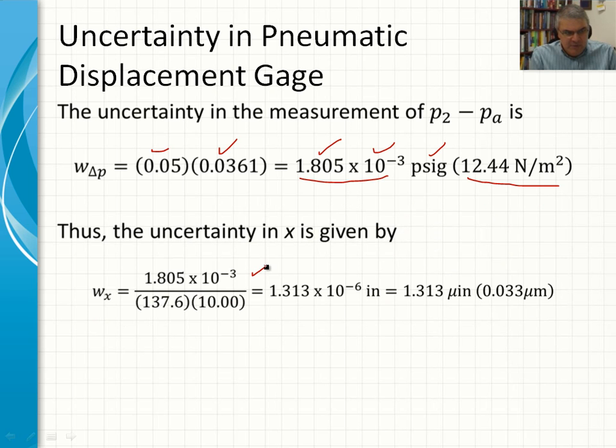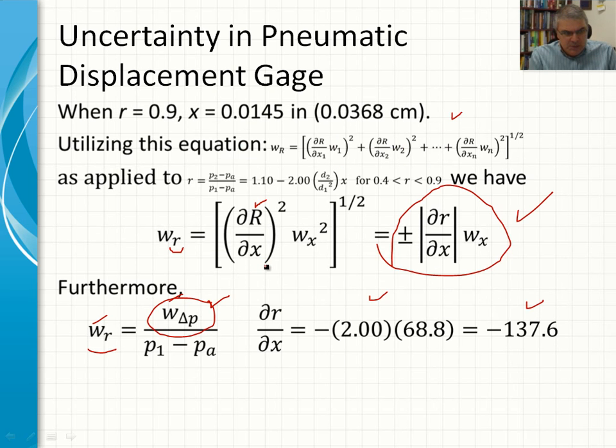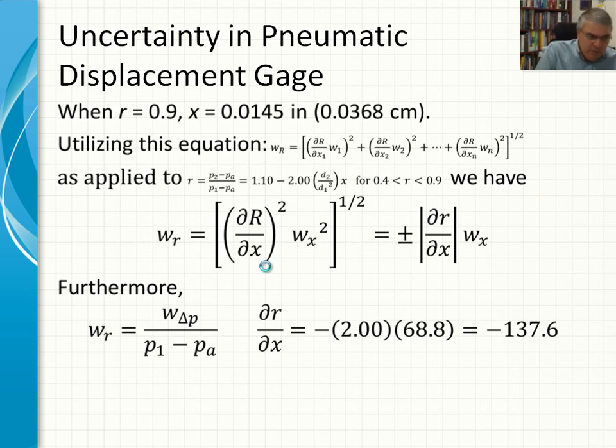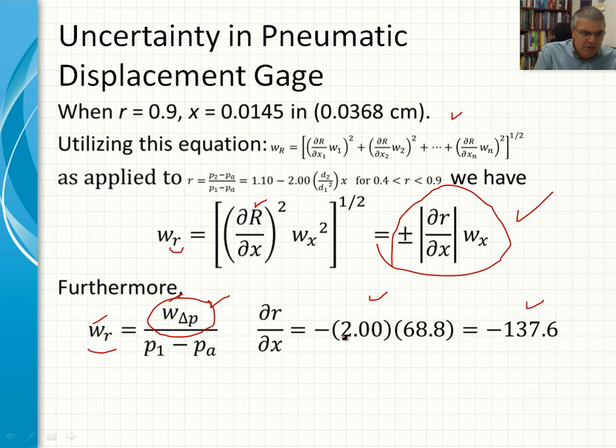We use that again. Let me go back to the previous equation, and I divide that by P1 minus P2. In this case, we already went through the calculations, and we come up with 137.6. Again, I'm going back here. Look at the calculations that we performed here, and this is the number I'm going to use here, minus 137.6.